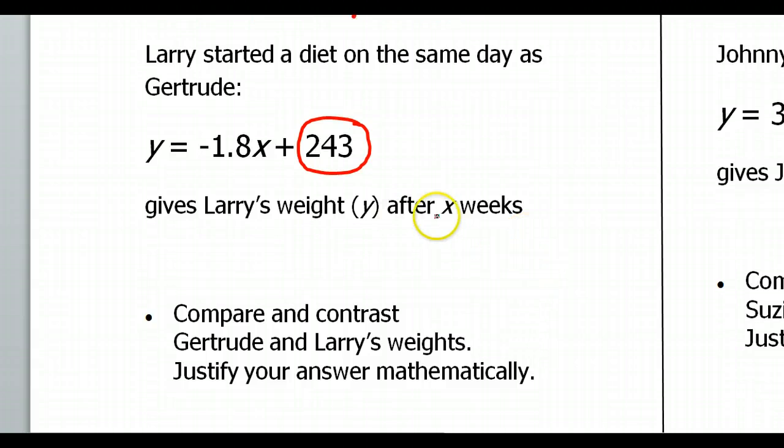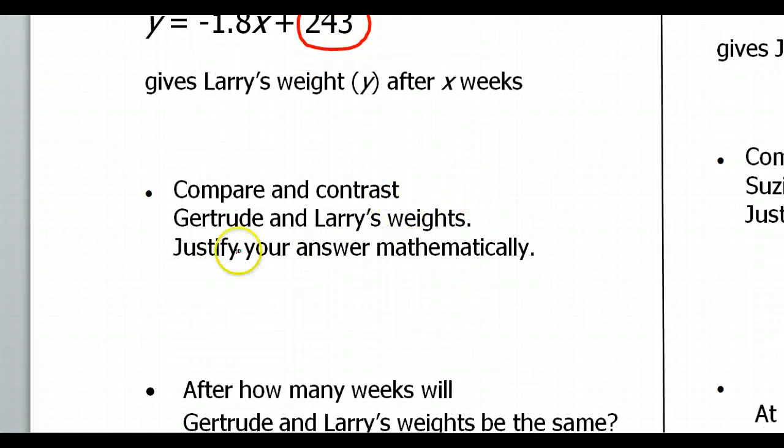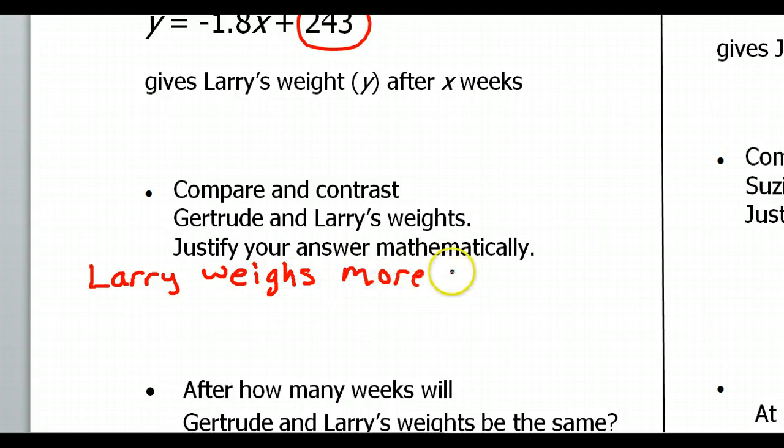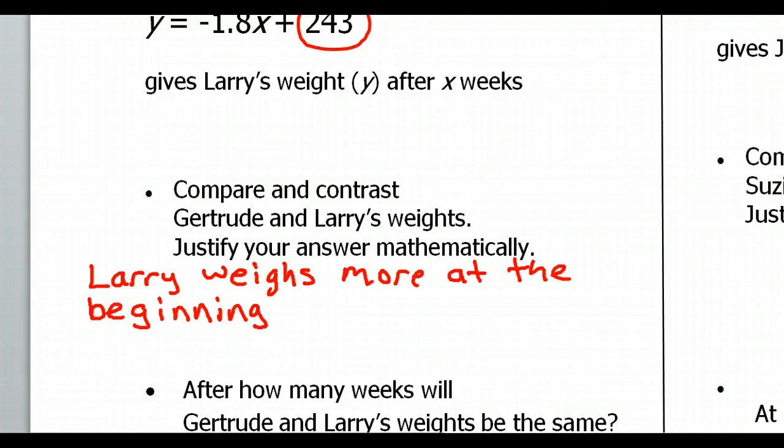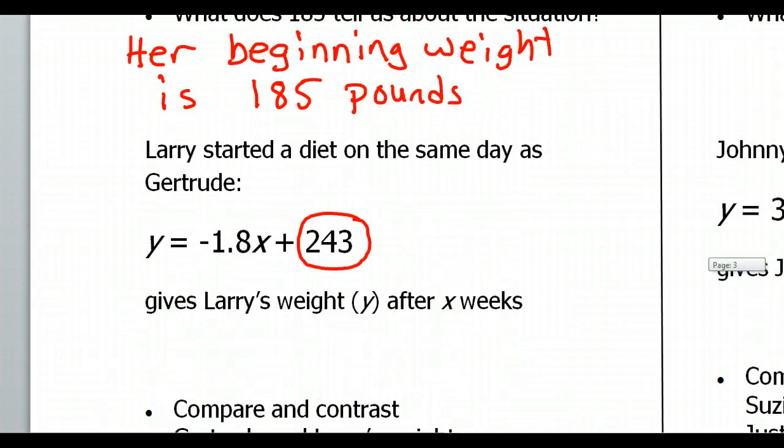So obviously, who weighs more right at the beginning? Okay, so that's the first thing that we're going to say. Larry weighs more at the beginning. Now, before I end that sentence, let's talk about the second question.